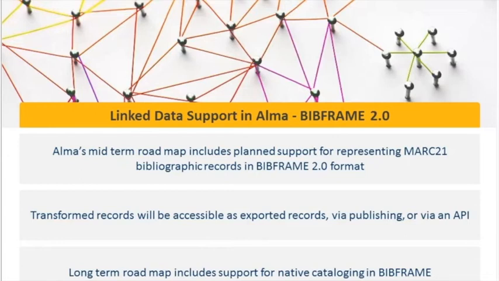These transformed records will be accessible as exported records via publishing or via an API. And in the long term, our roadmap includes support for native cataloging in BibFrame format as well. Obviously, that's not today, but slightly longer term.